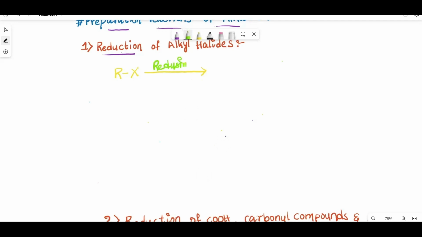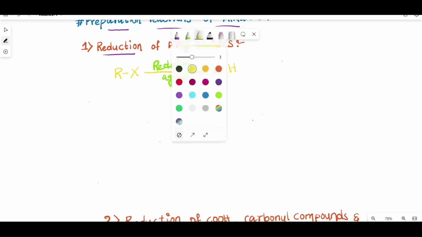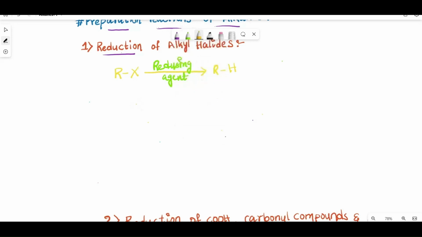Generally, reducing agent. We will get RH. We just need to replace this halogen with hydrogen. This is all about the reduction of alkyl halides.